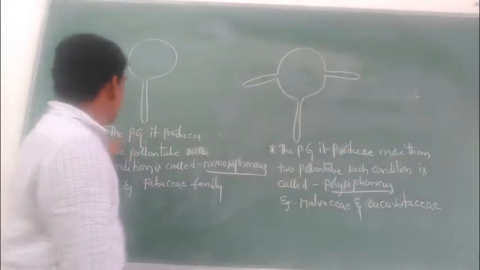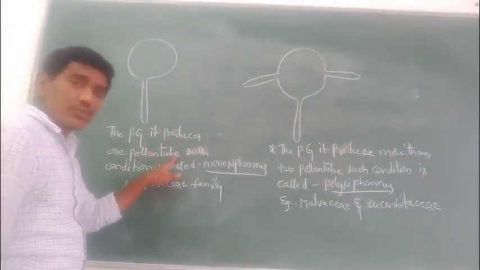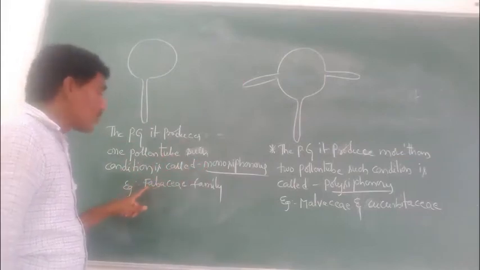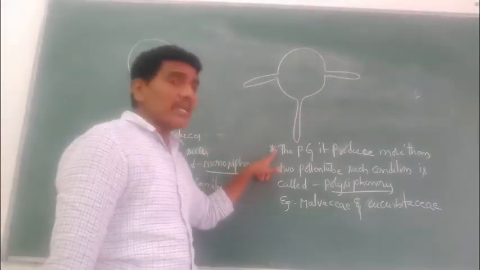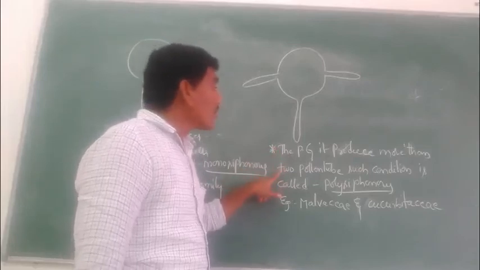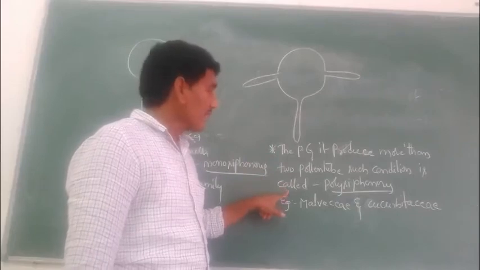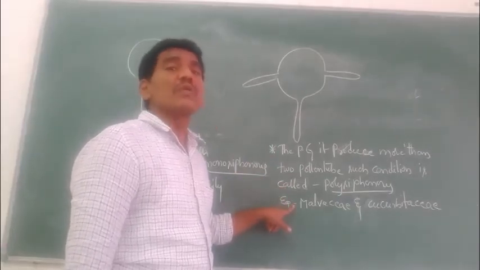Here the pollen grain produces one pollen tube. Such a condition is called monosiphonous, for example the Fabaceae family. When the pollen grain produces more than one pollen tube, the condition is called polysiphonous, for example the Malvaceae and Cucurbitaceae families.